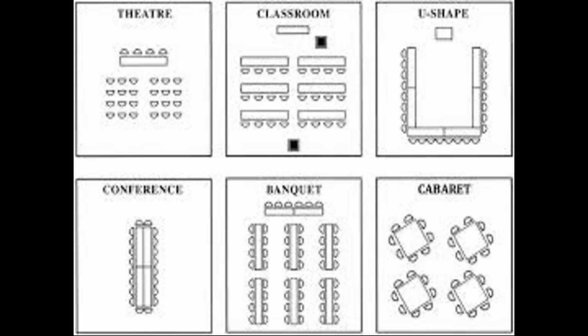The classroom style, which is the next one on the right-hand side, moving around clockwise, the only difference between that and the theatre is the fact that we have desks or writing spaces. So again, it creates a sense of formality. It basically denotes that the person at the front of the room is the most important person in the room.